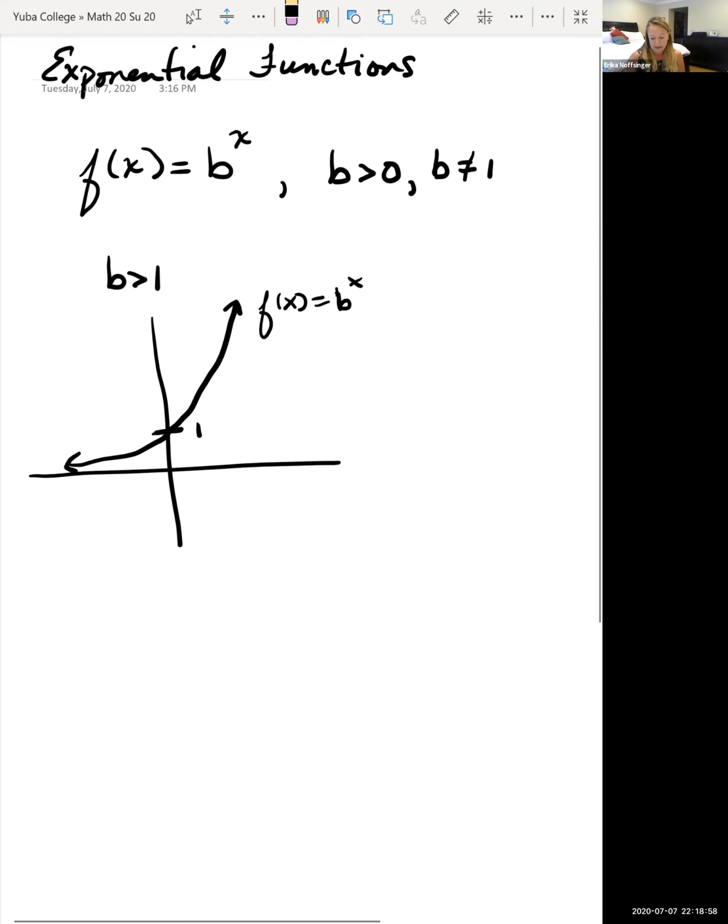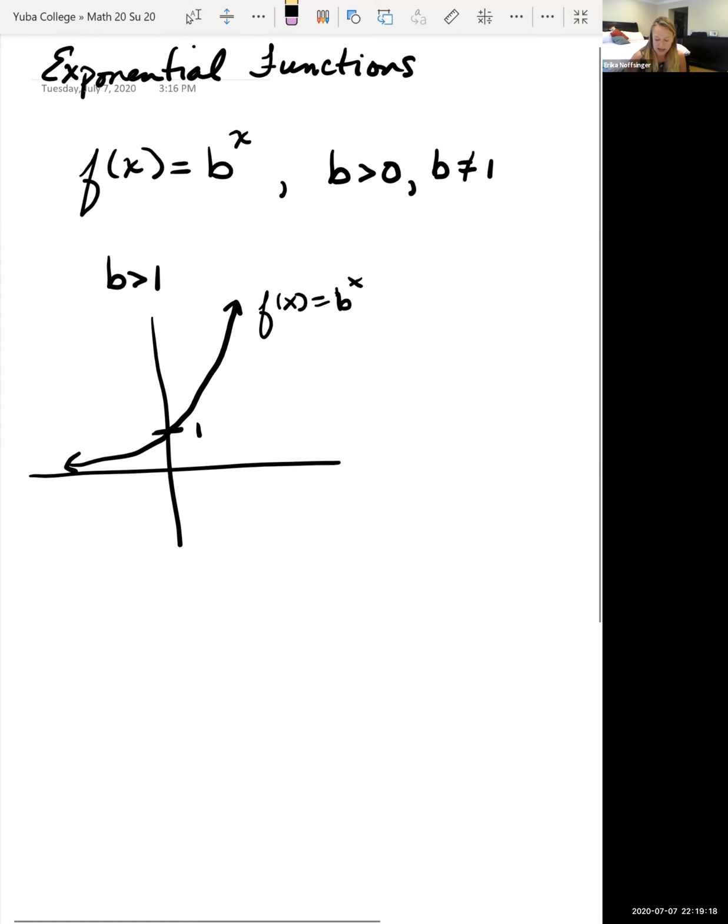Notice our y-intercept. Our y-intercept is at 0, 1. So this is when x is 0. Remember, if you raise a number other than 0 to the 0 power, you get back 1. And so notice that our y-intercept is always going to be at 0, 1 when it's in this form.